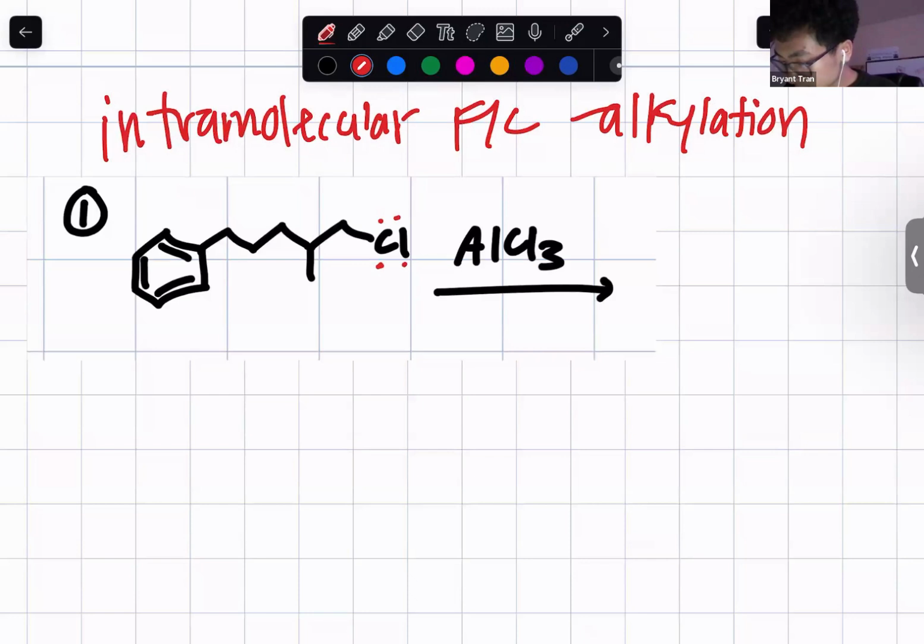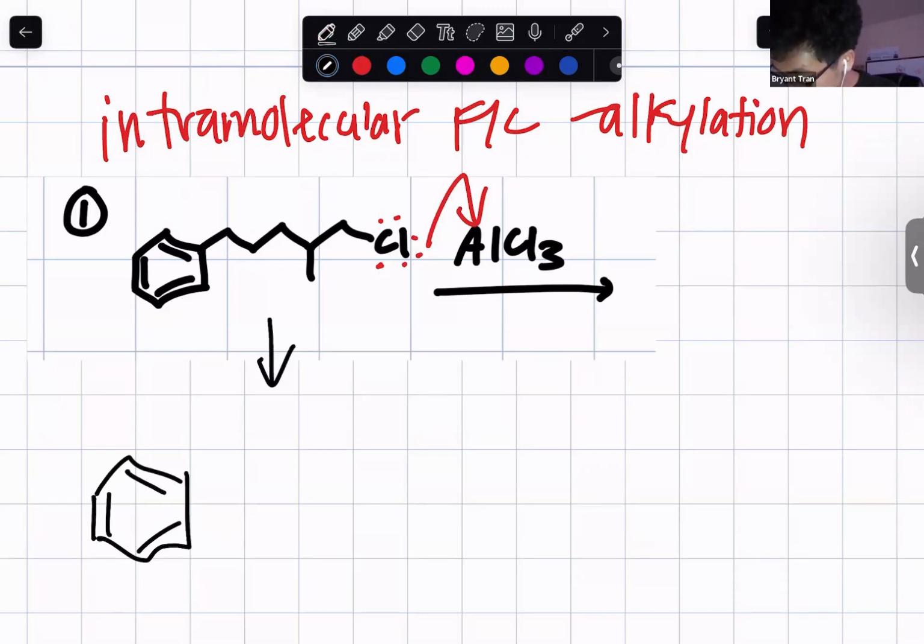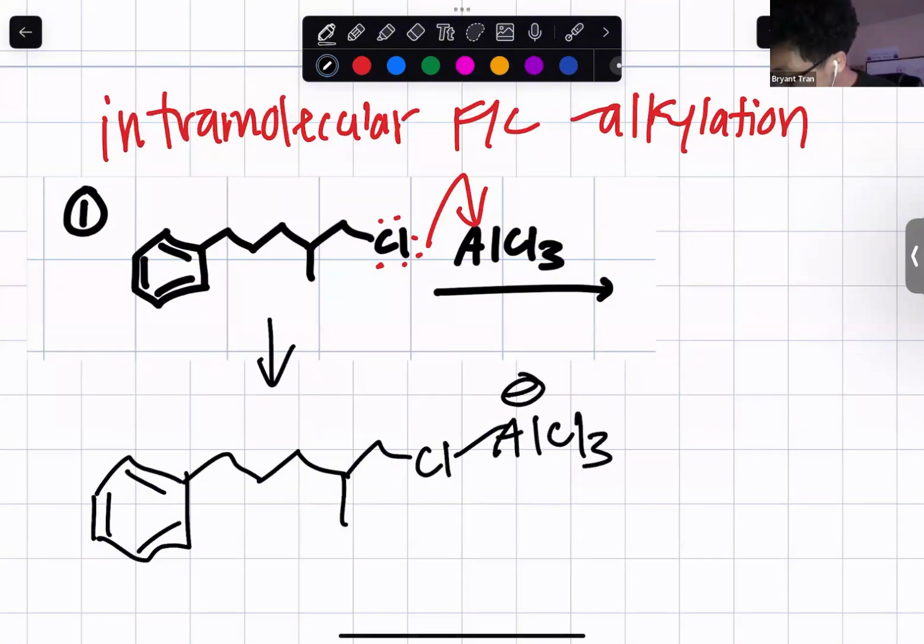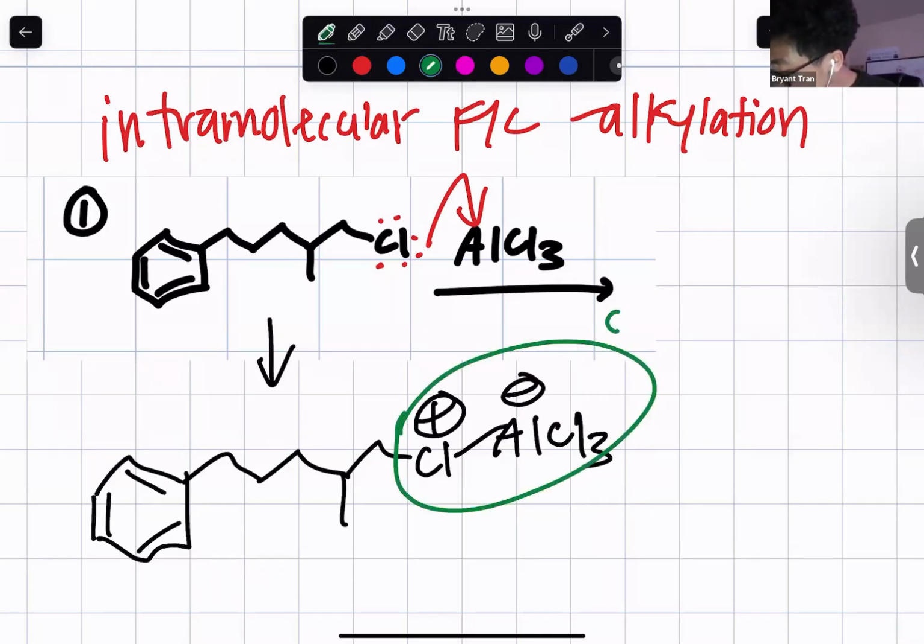This Cl here is going to attack this aluminum because that aluminum has an empty p orbital. It's missing 2 electrons. When that happens, we are going to form this intermediate right here. This aluminum has a negative charge, this chlorine has a positive charge, and we're going to think of this as our good leaving group now. Right?